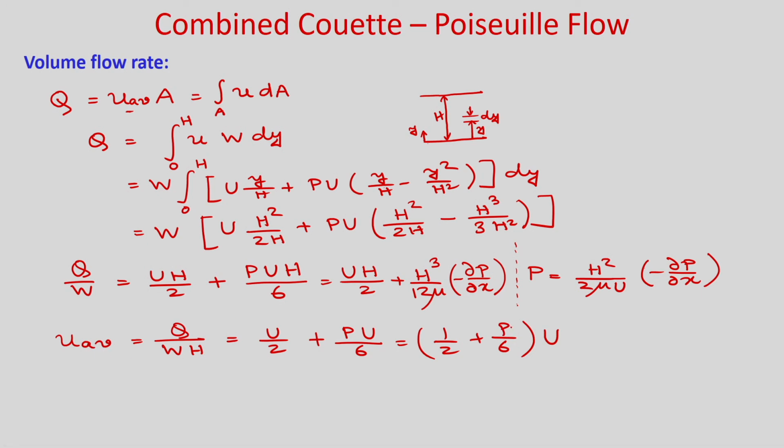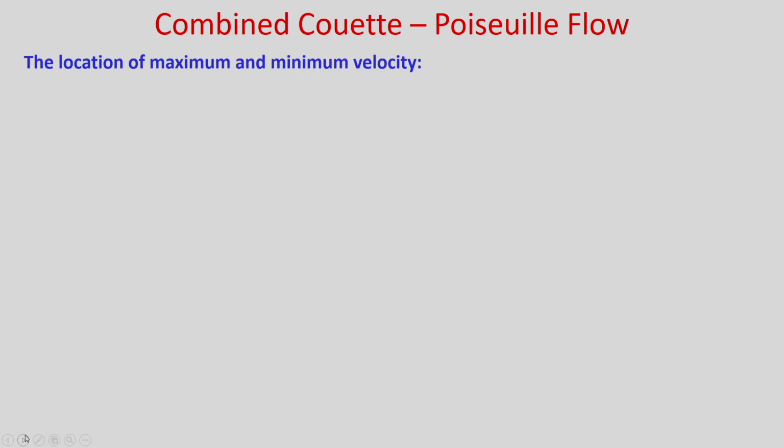Obviously, if it is a favorable pressure gradient, p will be positive, but if it is adverse pressure gradient, p will be negative. So, depending on that you will get u average whether it is positive or negative. So, now we want to find the location for maximum or minimum velocity, because you can see that the flow is occurring due to shear driven flow as well as pressure driven flow.